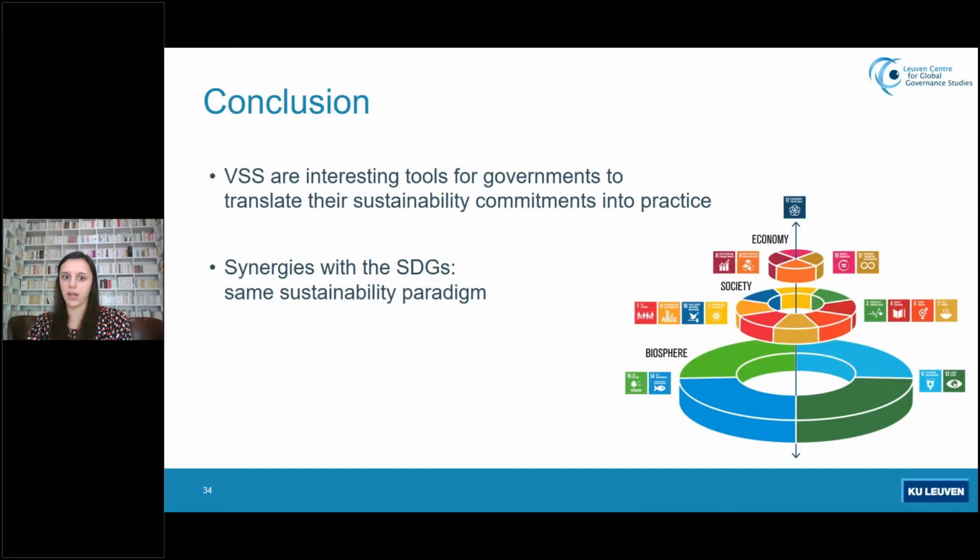This is again totally in line with SDG 15 on life on land. And there are a lot of other synergies, in particular SDG 17 as well on partnerships for the goals, because as I mentioned earlier, VSS can be used by governments to translate their sustainability commitments into practice in different ways.